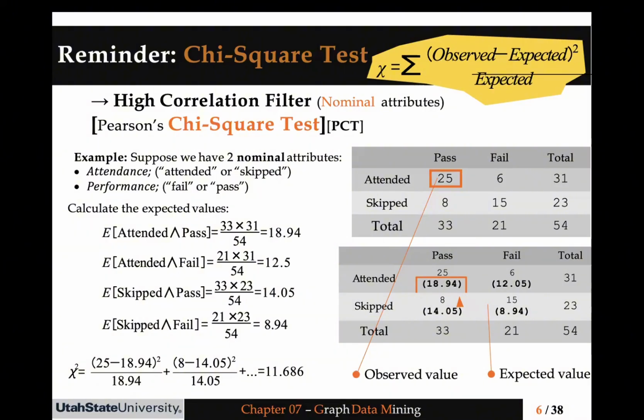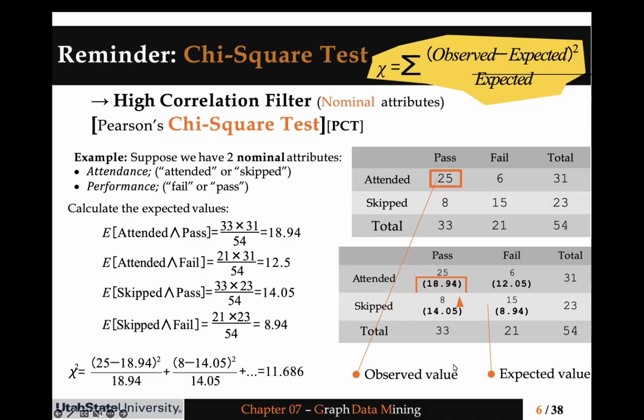That gap already suggests some possible association between these two variables. The same calculation is done for all the other cells, and each expected value is shown in parentheses in the second table, which we have over here.